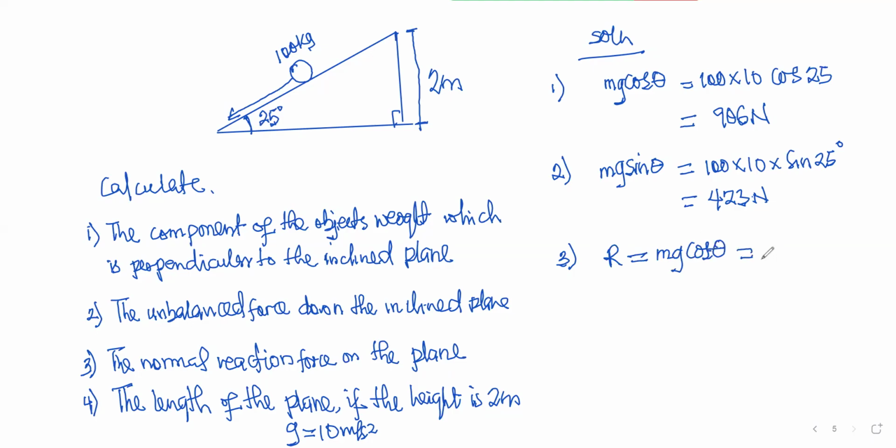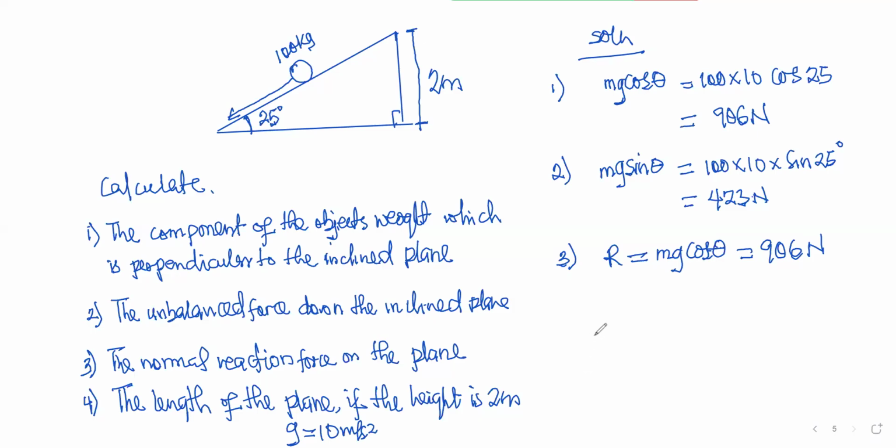If mg cos theta is equal to 906, then the normal reaction must also be equal to 906 newtons. Please, did you get that? Yes, sir.